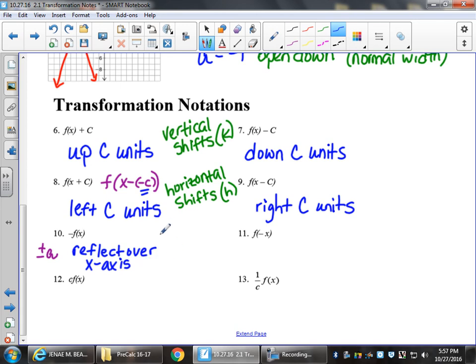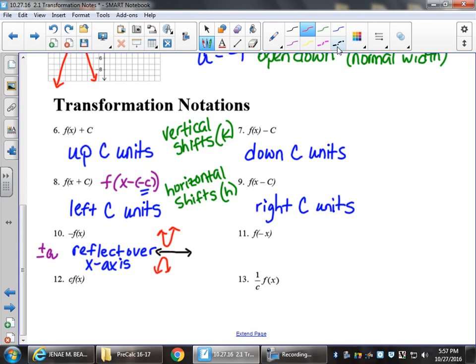So if my graph was originally opening up, visualize that for a moment. If I was originally opening up, here's my x-axis. A negative a would cause that graph to now reflect over the x-axis, and now it's opening down.